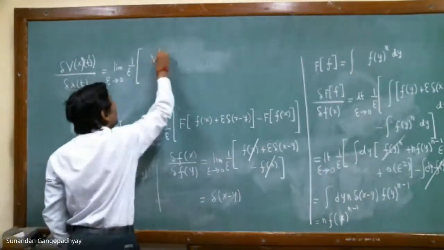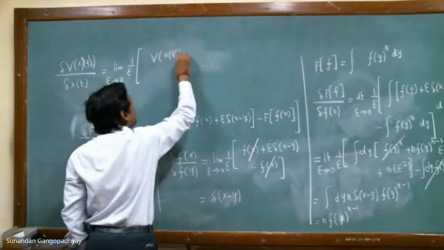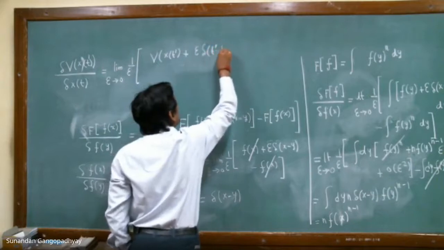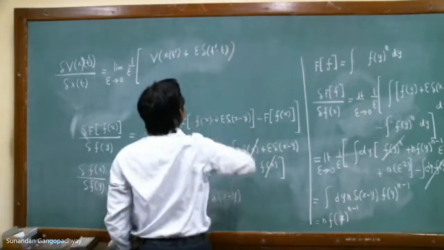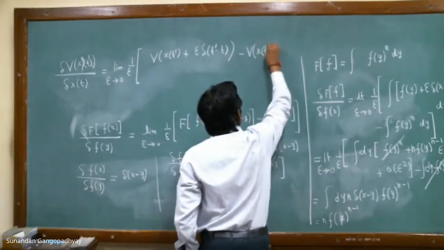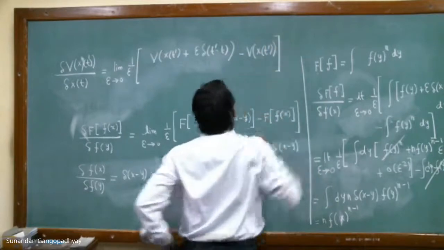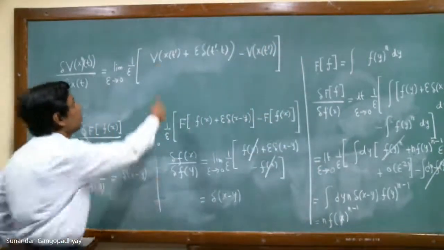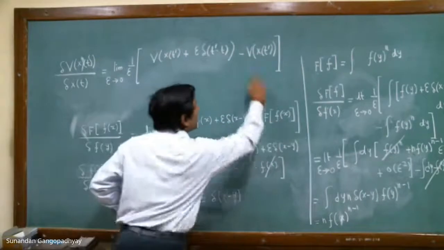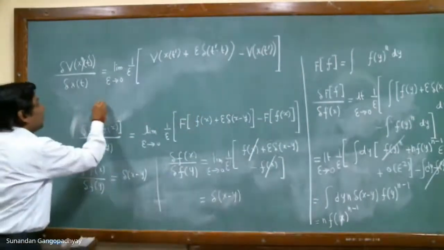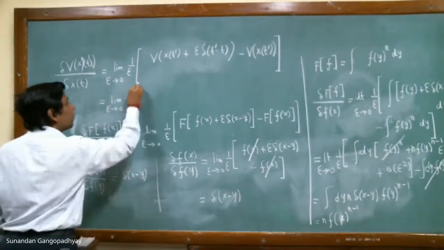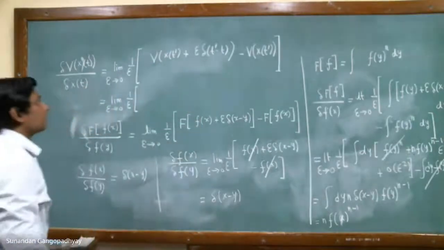This will become v of x t prime plus epsilon delta, let us apply this definition. This becomes x t prime plus this term, and then minus this thing. So this becomes the limit epsilon tending to 0 of 1 by epsilon. Now you just make a Taylor expansion of this.